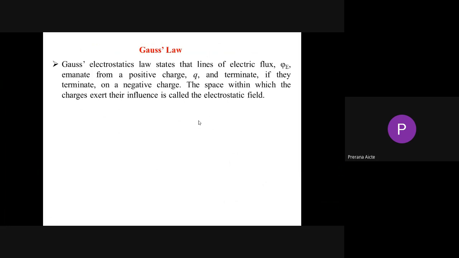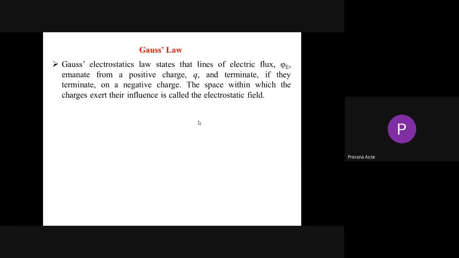The Gauss electrostatic law states that the lines of electric flux phi e emanate from a positive charge Q and terminate on a negative charge. The space within which the charge exerts its influence is called the electrostatic field.